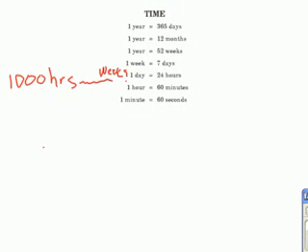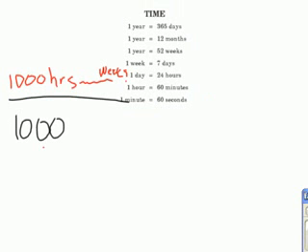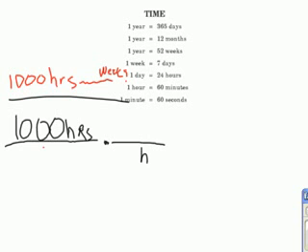Okay, so using this method of using a converting factor, we're going to write down what we have: 1,000 hours. Now we're going to go the opposite way that we'd normally been going. We're going from a very small unit to a very big unit, but it works the same way. I'm going to put my multiplication sign, hours on the bottom, and find where on this chart I have hours, and we're going to go up.